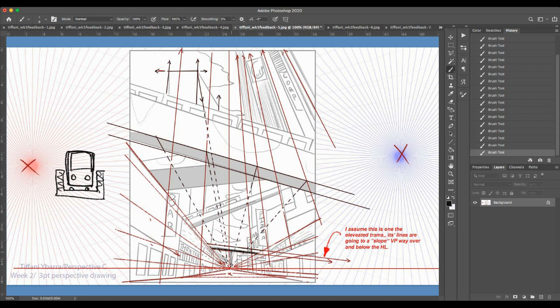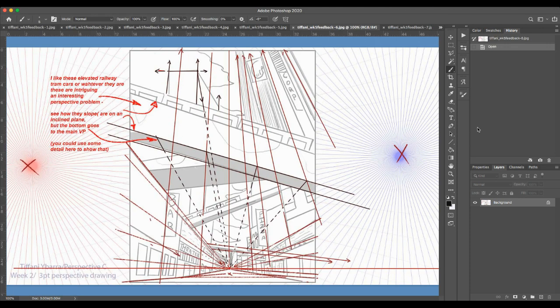But you've got them angled as though they're going up and downhill. Okay, just so you know. Next. Yeah, you see how they're at a slope. They're on an inclined plane, nothing wrong with that. But the bottom here, anything on there would vanish towards our VP that we have here.